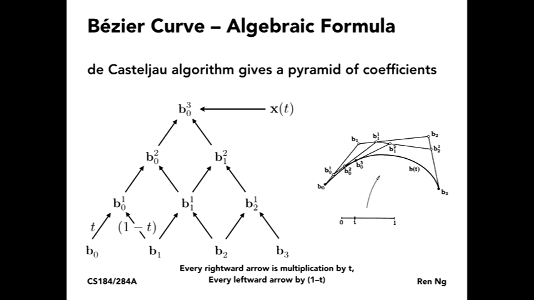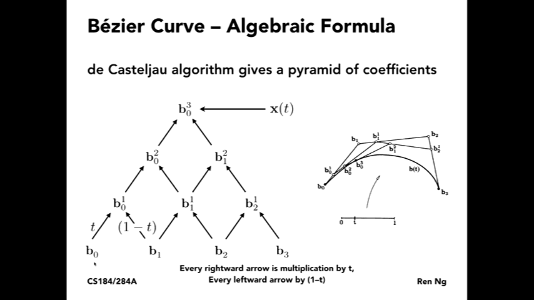So if you look at this pyramid on the left-hand side, we start with B0, B1, B2, B3. Those are the input control points, 4 control points for this cubic Bezier curve. And then when we move up the pyramid one level, B10, B11, B12. How do we get those? We're just interpolating the two control points in the level below, specifically to get B10 over here.